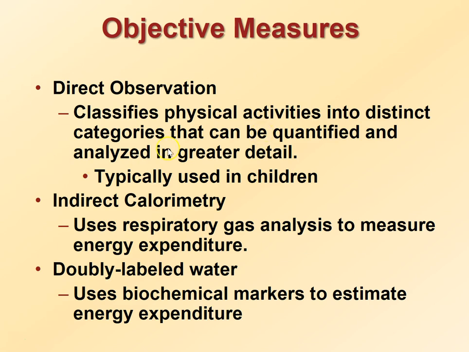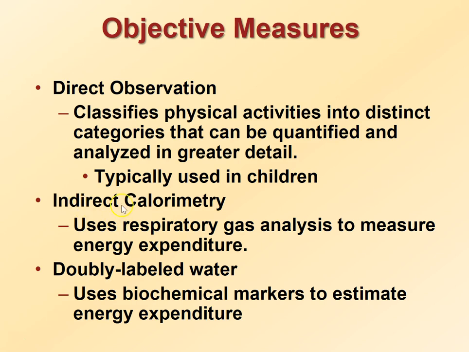Cons. Direct observation involves time and labor-intensive data collection, therefore, it may not be feasible for use in large epidemiological studies. Also, the observer's presence may alter the participants' normal physical activity patterns. Finally, there is limited research regarding the validation of direct observation against physiological criteria.